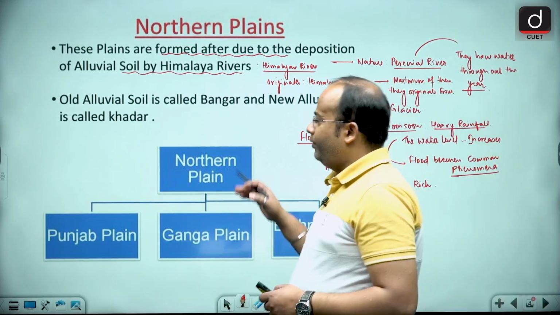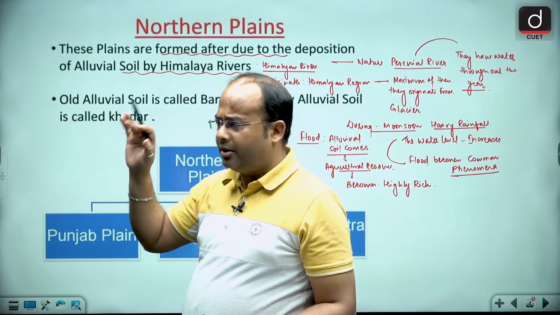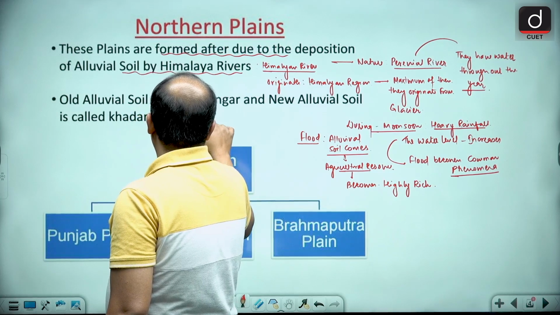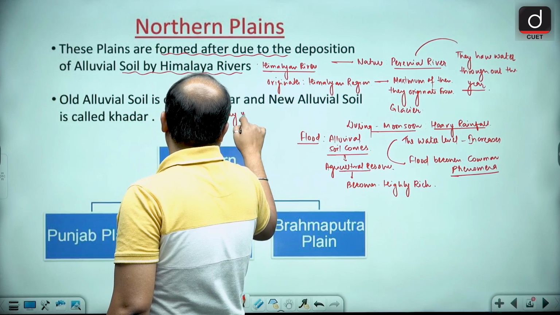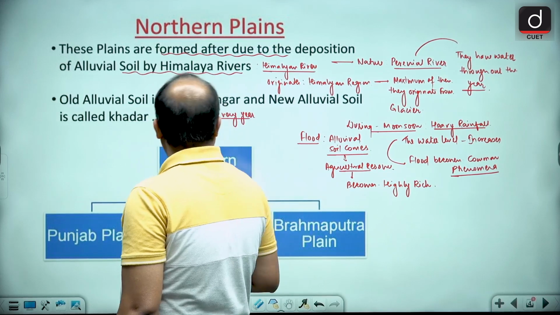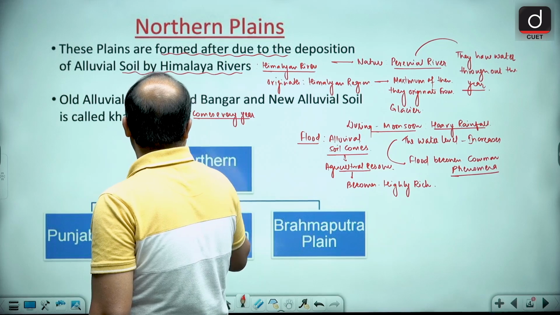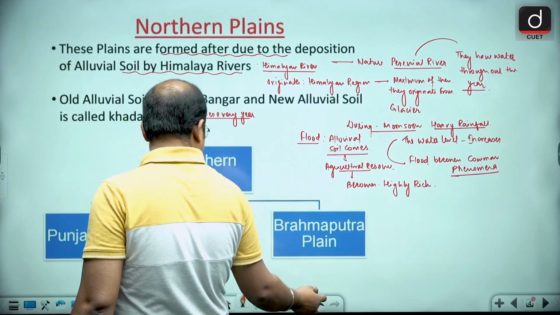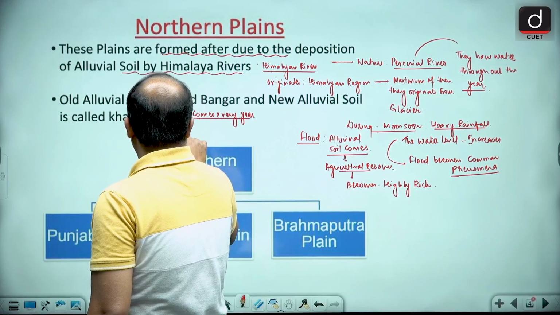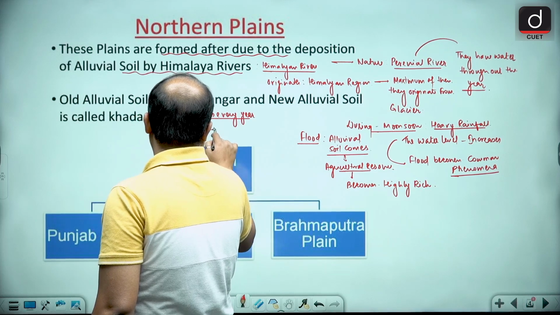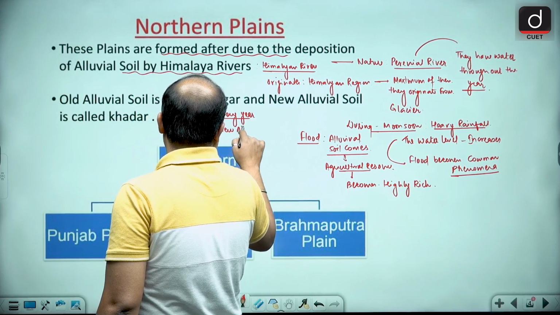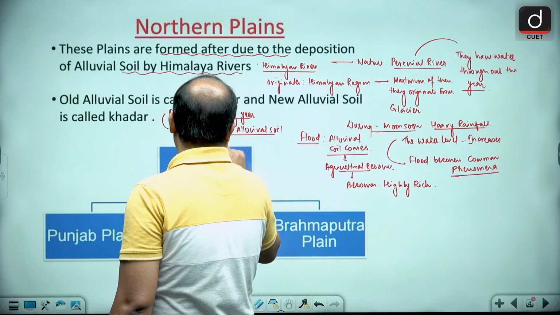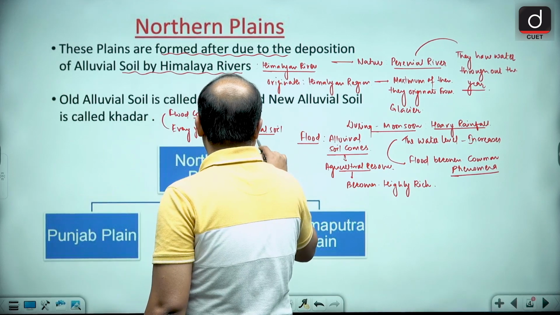Now guys, whenever the flood is very common, that comes every year. Flood comes every year, so every year new alluvial soil comes, and therefore there are two types of alluvial soil.